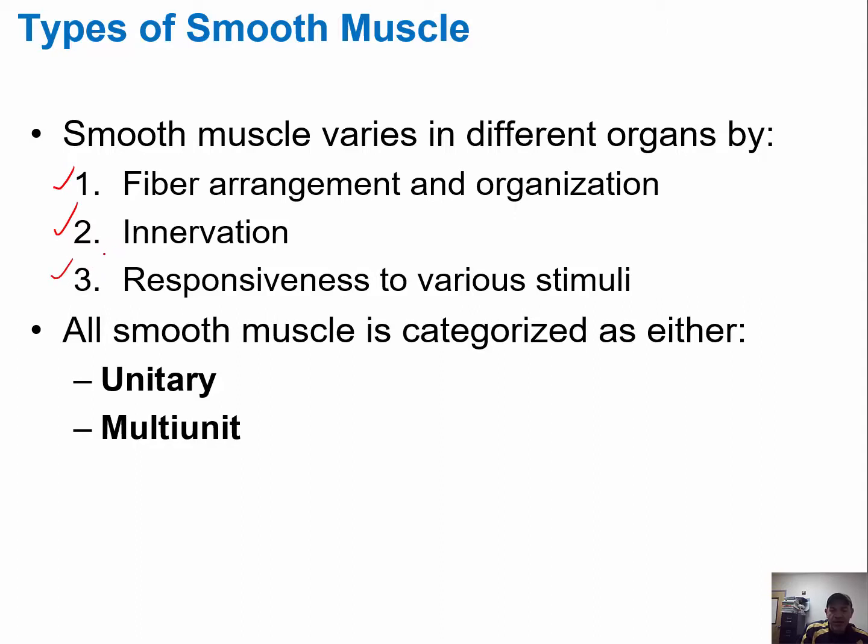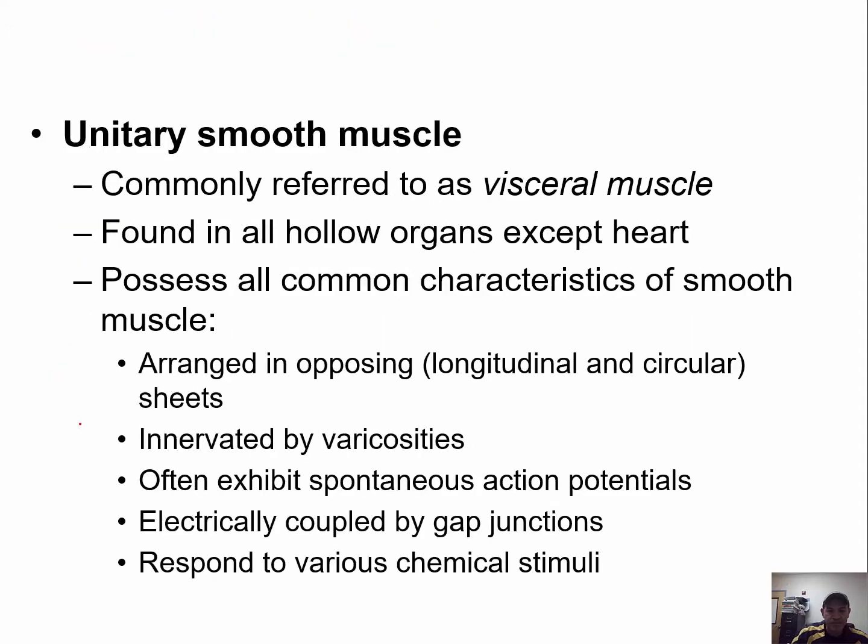So all of this depends on which organs you're at. That being the case, all smooth muscle can be categorized into two groups. It's either unitary, functioning as a unit, or multi-unit, in which you have multiple types of motor units where the individual smooth muscle fibers need to be stimulated to contract rather than one contracts, they all contract.